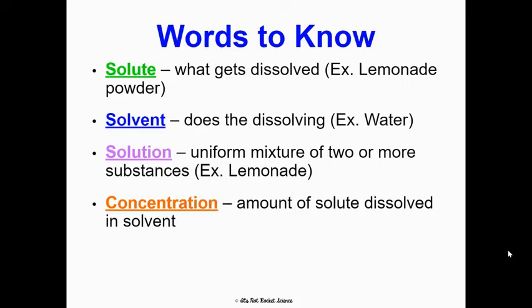Concentration is the amount of solute dissolved in the solvent. So it's a measure of how much is in that amount of liquid. The symbol to abbreviate concentration are these square brackets, and so we'll use those. You'll see those in upcoming slides.